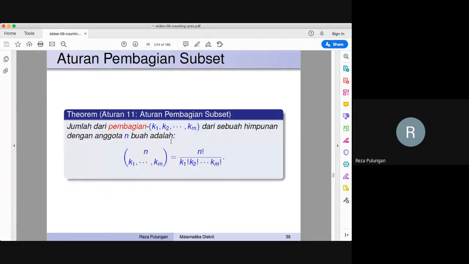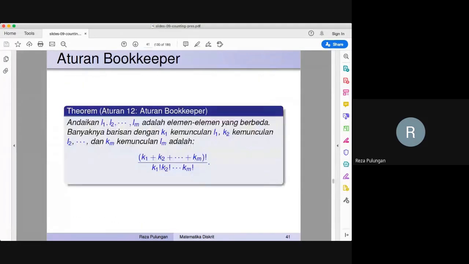So this rule and the bookkeeper rule here are just the same actually. So I will just skip this. You can read this yourself, because I want to go forward to a big example.